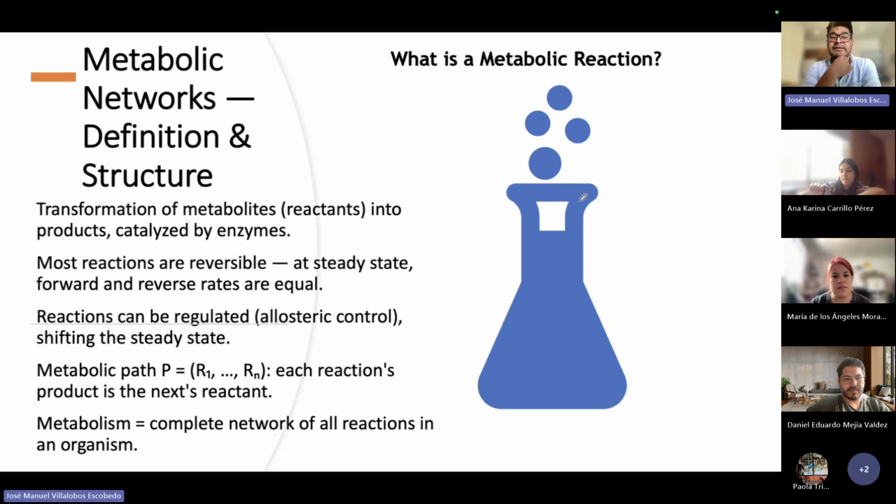Now we will talk about metabolic networks. As we commented before, metabolic networks come from the reactions that are catalyzed by enzymes, and they start with some compounds and produce some products.